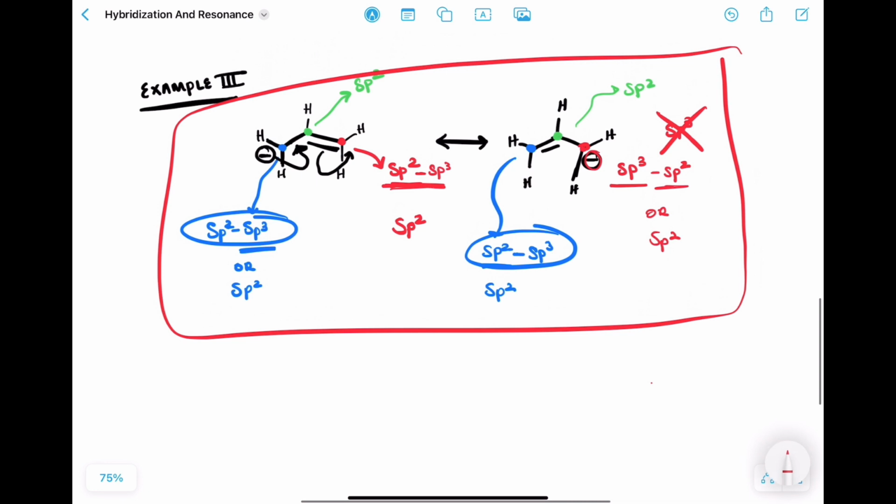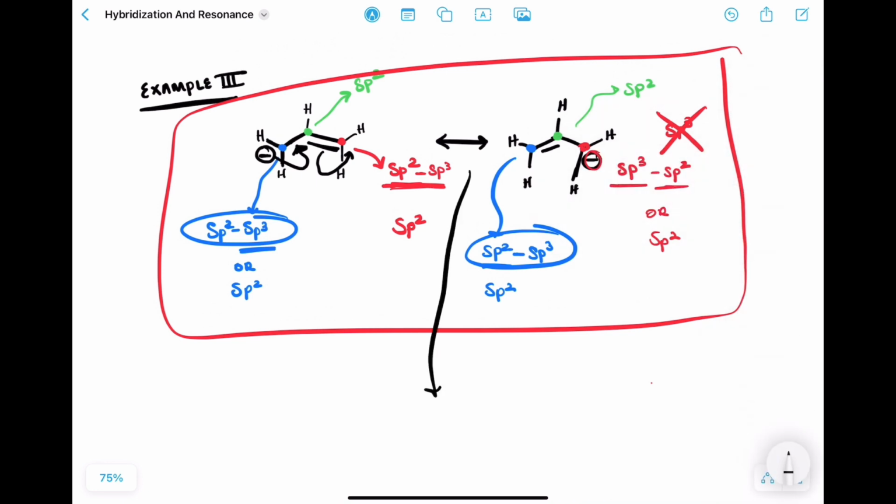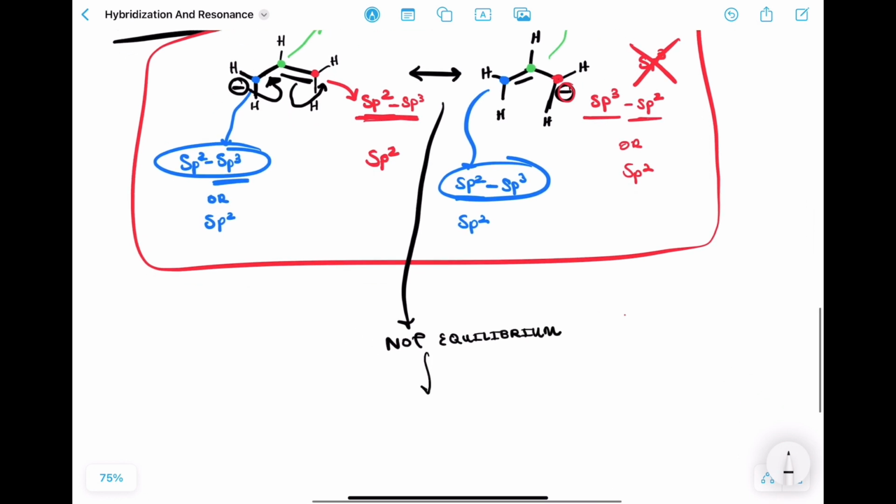Remember, a resonance arrow is not equilibrium. Instead, it means it's both at the exact same time.